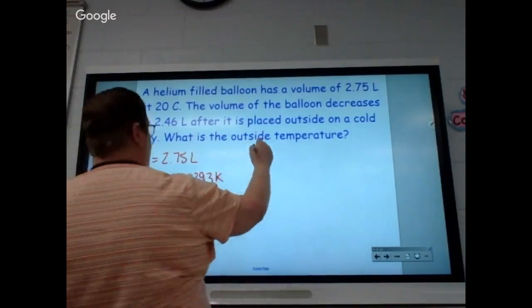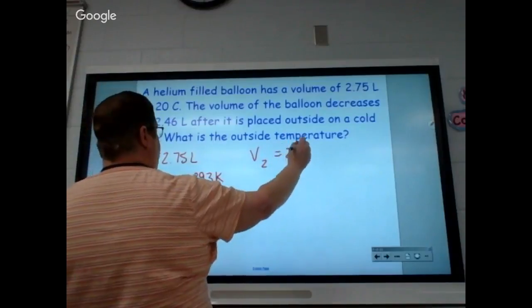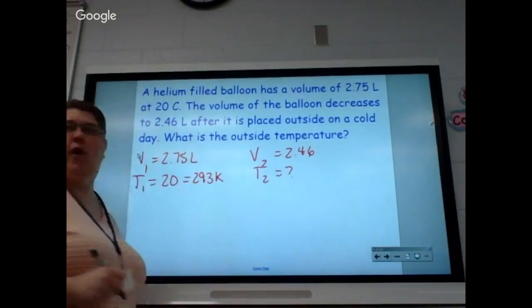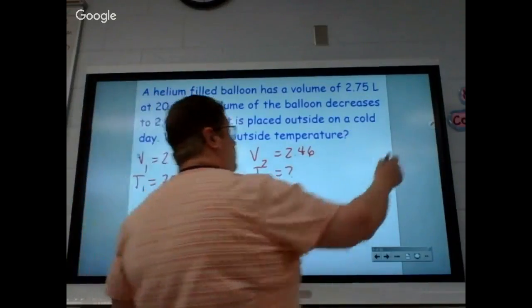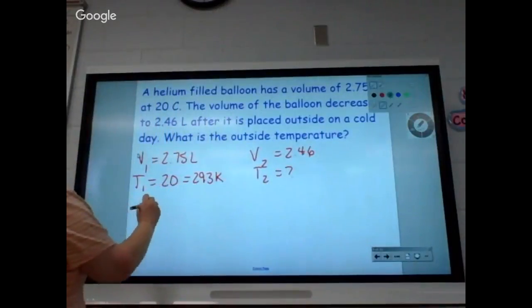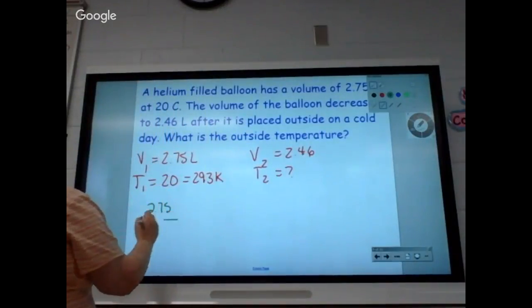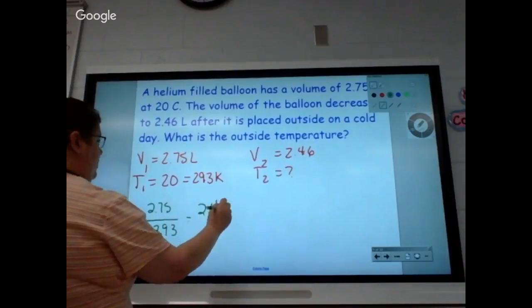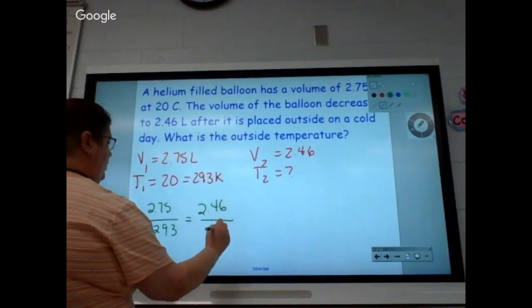And then V2 was 2.46 liters and we're solving for T2. Everybody okay so far? Okay. So V1 over T1: 2.75 over 293 equals 2.46 over T2.